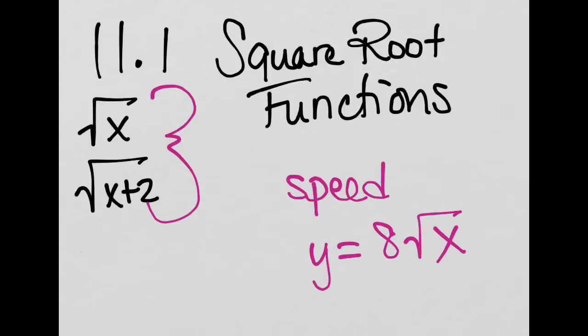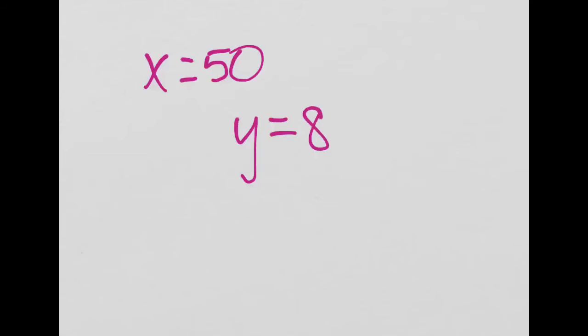So if you look at page 700, where it's talking about evaluating speed functions, they'll just have you do something along these lines when the speed is 50. So if the speed is 50, x equals 50, you plug it into that same equation, 8 times the square root of 50.